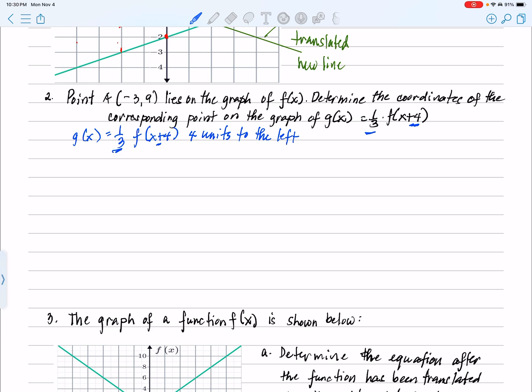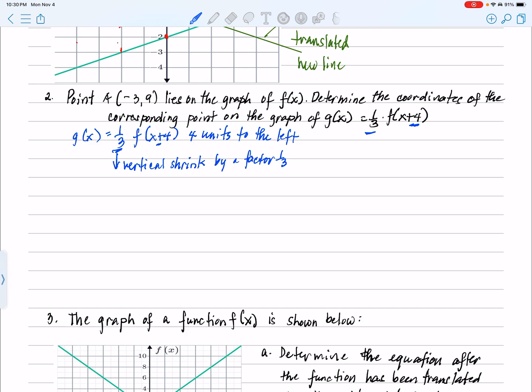Isn't it a vertical stretch or compression or shrink? So vertical compression or shrink by a factor of 1/3. Okay, we have to identify that.